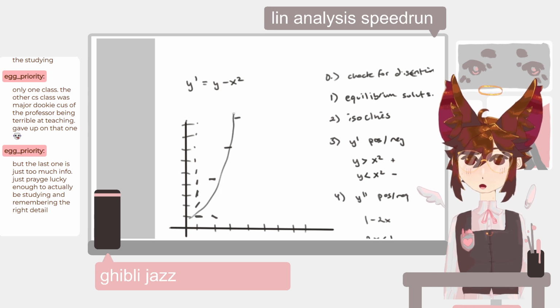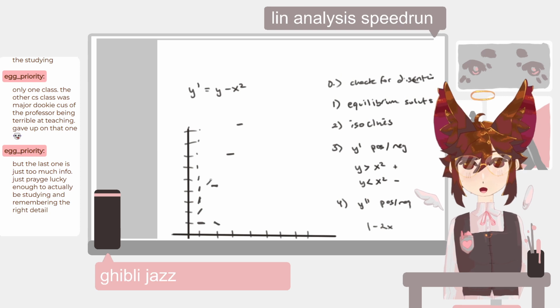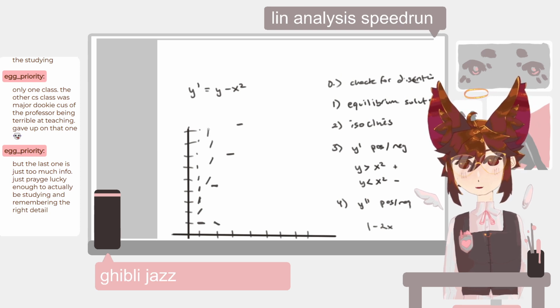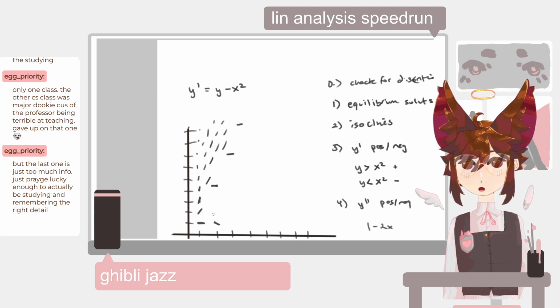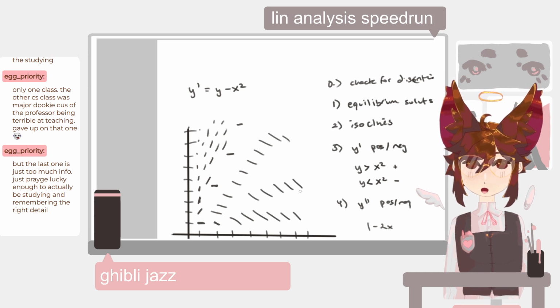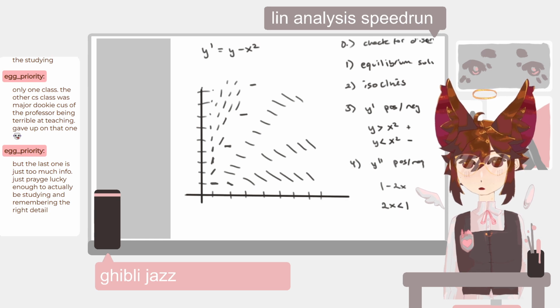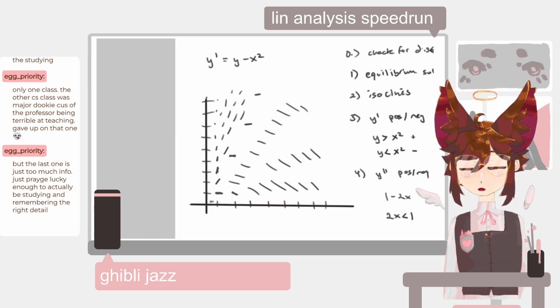Along this parabola, there's going to be zeros. Above this parabola, it's going to be going up, increasing, and below it, it's going to be going down. So this parabola is 0, and in here, another 0 there, and it's positive.